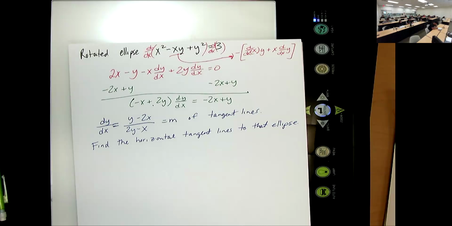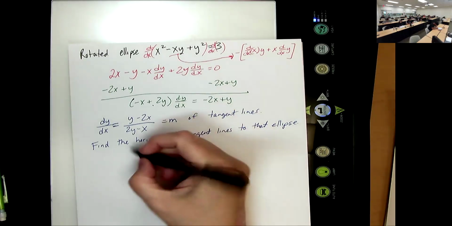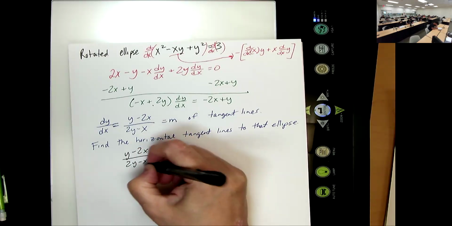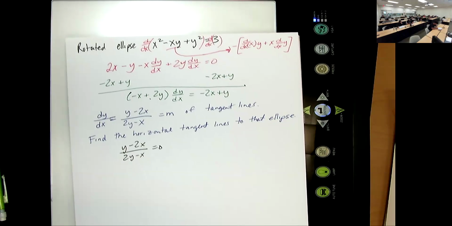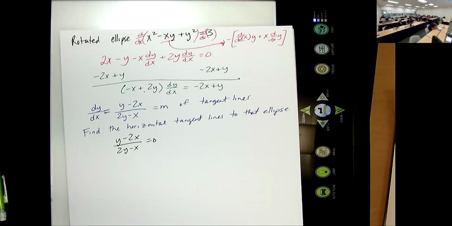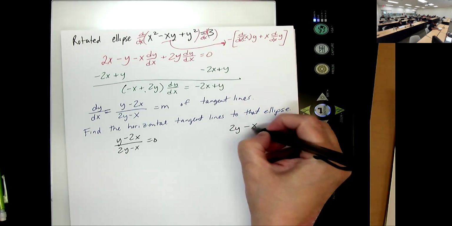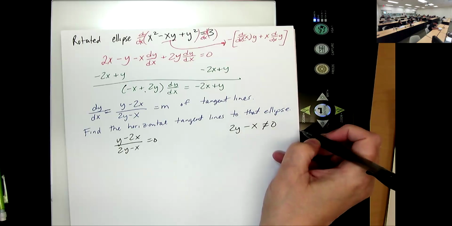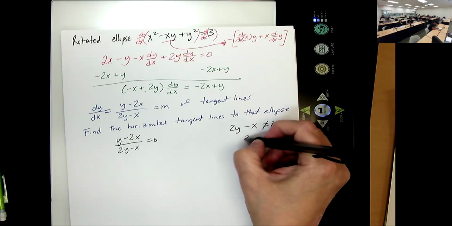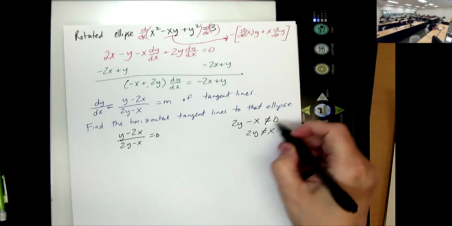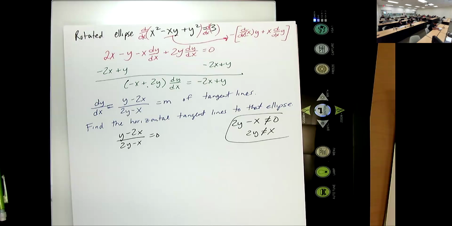So that means dy/dx should equal 0. So we're going to have (y minus 2x) over (2y minus x) equals 0. I'm going to note that 2y minus x cannot equal 0. So 2y cannot equal x. And if we see something later on with that, we're going to call foul.